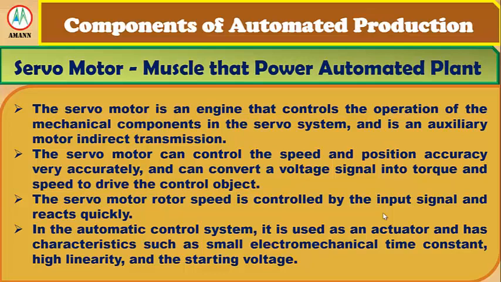The servo motor rotor speed is controlled by the input signal and reacts quickly. In the automatic control system, it is used as an actuator and has characteristics such as small electromechanical time constant, high linearity, and the starting voltage.